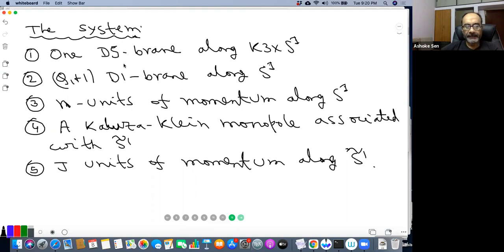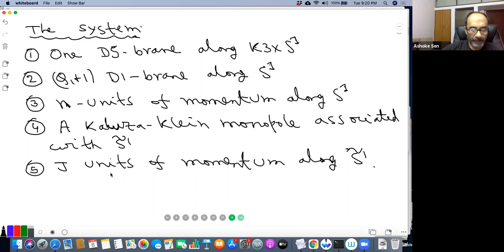And we take its directions to lie along K3 times S1. That's what it means here. Similarly, D1 brane is a 1-dimensional extended object. It is made to lie along S1. These are just momentum that flows along S1 and S1 tilde. This one I'll explain. Kaluza-Klein monopole is a concept which may not be familiar to everybody.